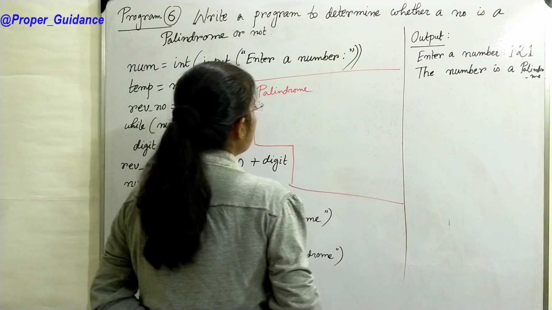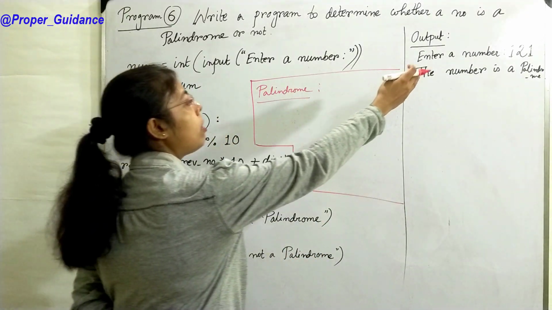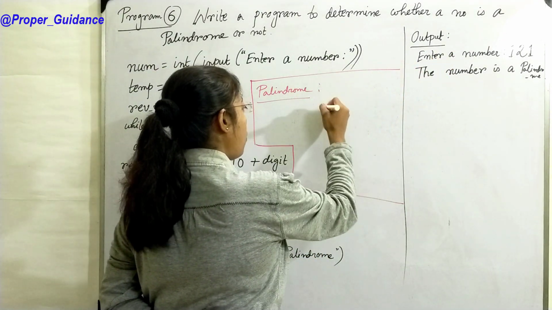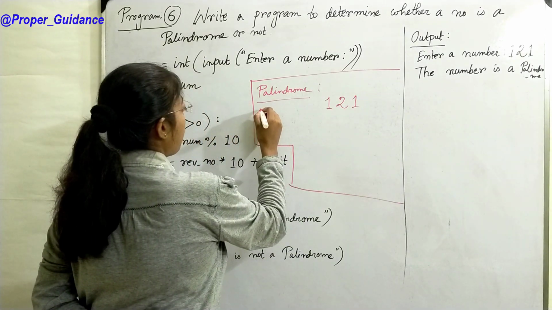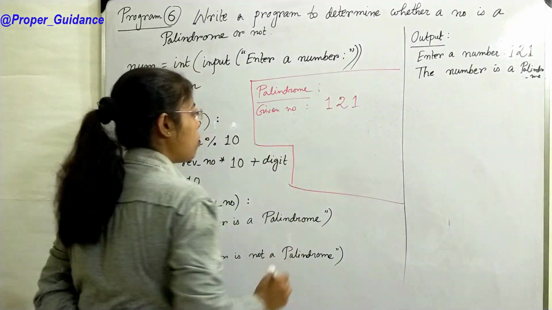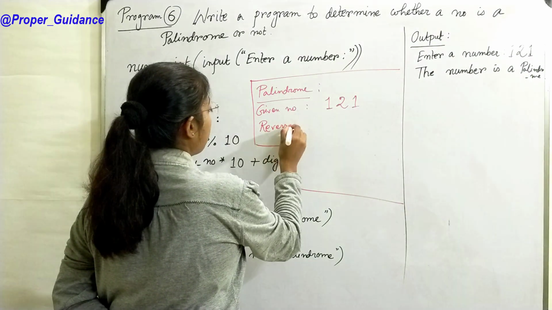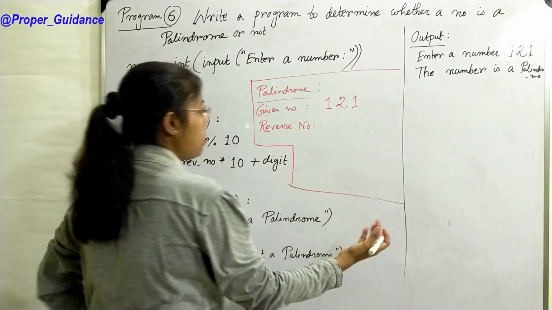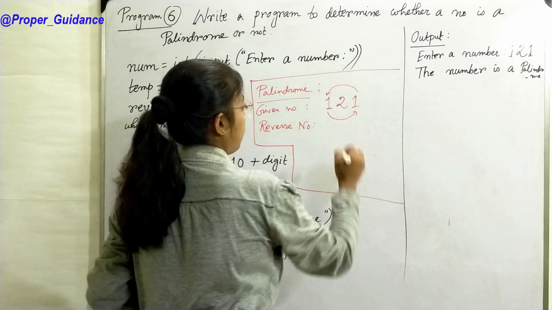Now what is a palindrome? Palindrome means, for example, here we enter the number 121. This is our given number. Now if we take the reverse of this number, this digit will be here and that digit will be there.